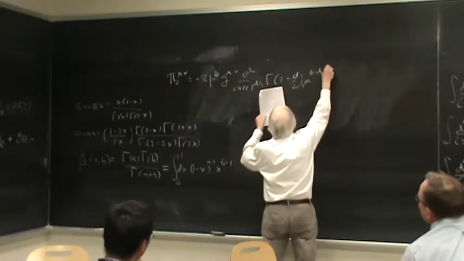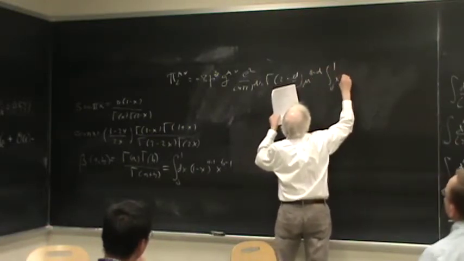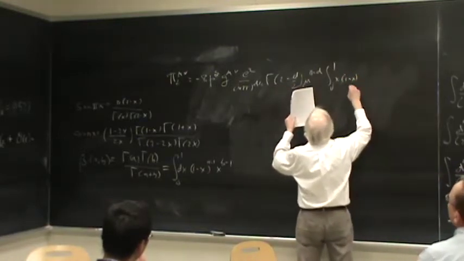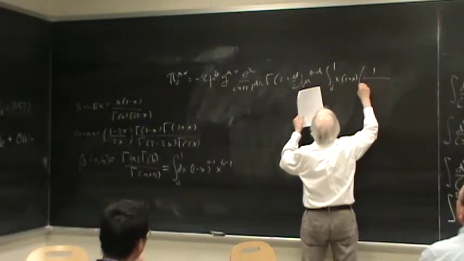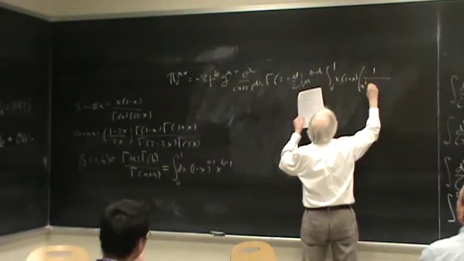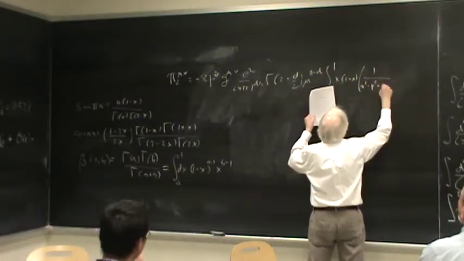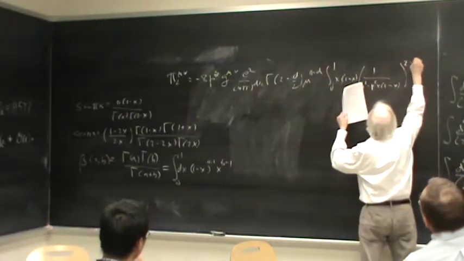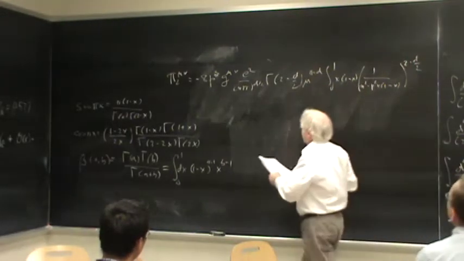Mu to the 4 minus d, integral 0 to 1 dx x (1 minus x). And then you have 1 over m squared minus p squared x (1 minus x), all that to the 2 minus d over 2.